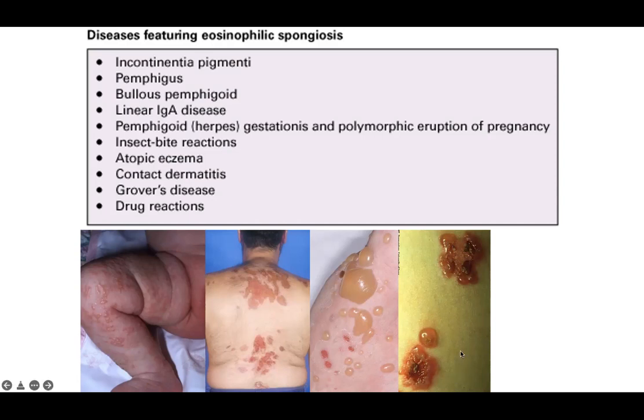So just understand that a lot of these autoimmune diseases are the result of the same protein being attacked, which is bullous pemphigoid antigen 2, also known as collagen 17, also known as BP180. But the nature of the antibody itself, whether IgG in bullous pemphigoid or IgA in linear IgA bullous disease, is the difference.